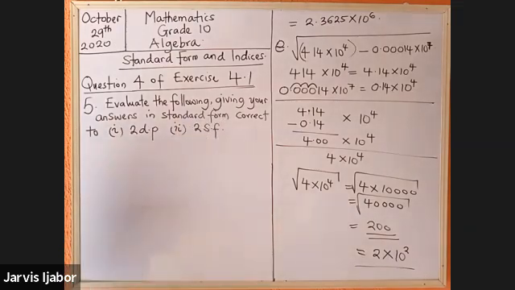DP means decimal place or decimal places, and SF means significant figure or figures. All right, so we will then go ahead to handle that.